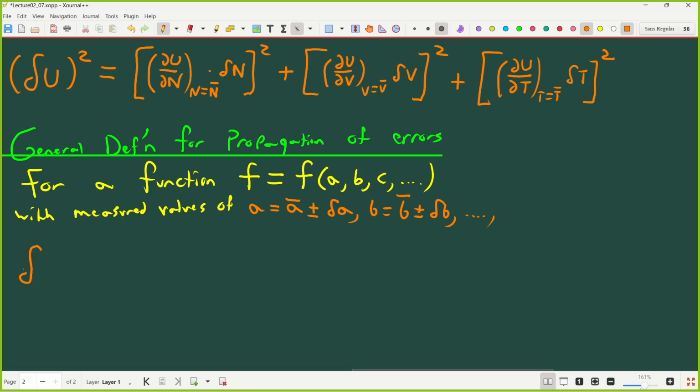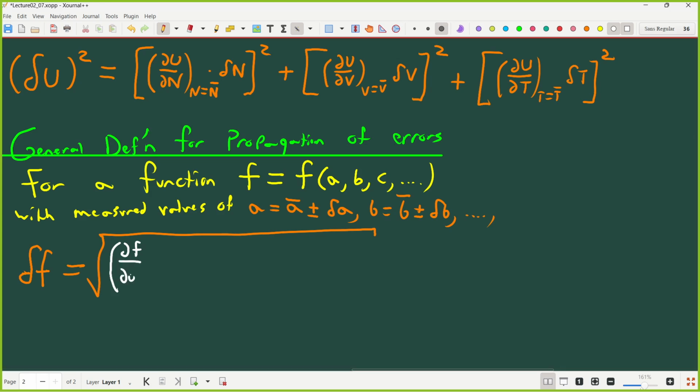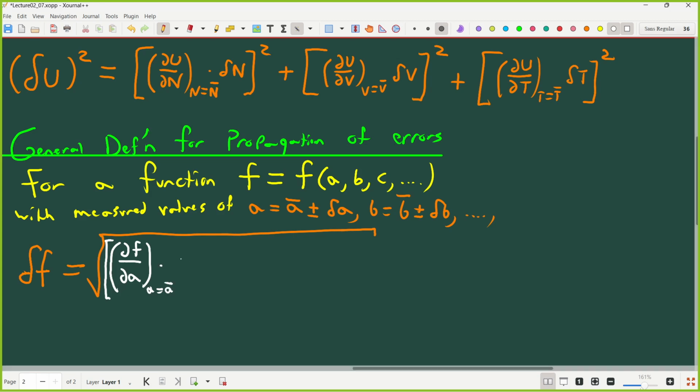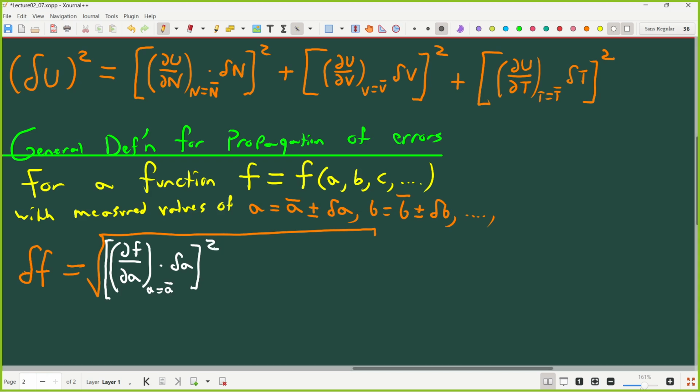Then the error in f is equal to the square root of these derivatives. We take the derivative of f with respect to a, evaluate a at a bar, times the error in a that you've measured in lab, and square it.